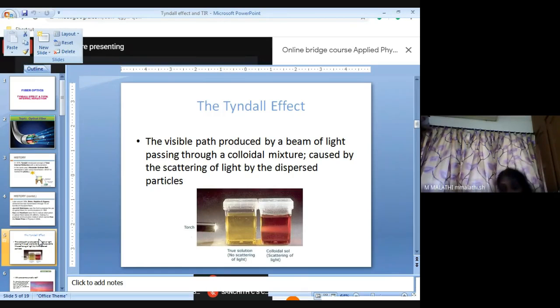So what John Tyndall told in 1870 is the basic concept for the propagation of light through thin glass fiber by the principle of total internal reflection.